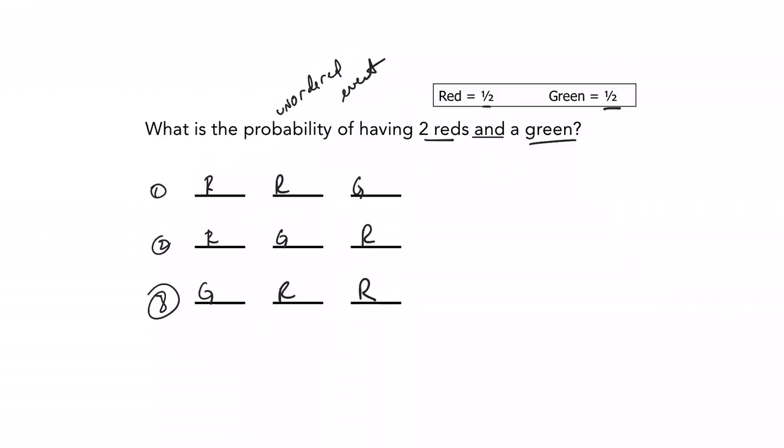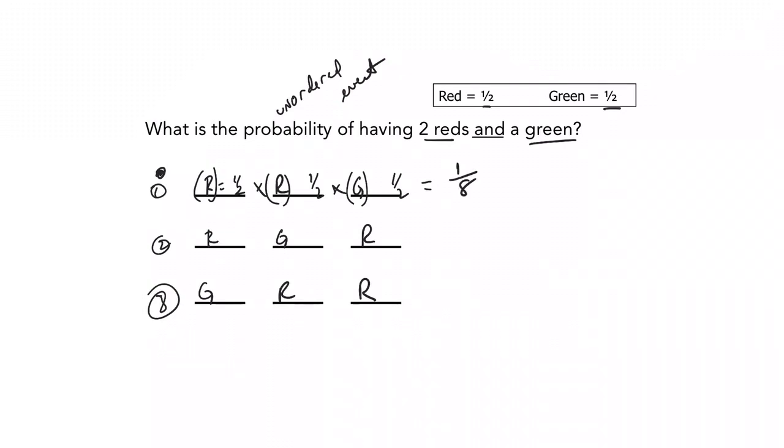For our example, the probability of this series occurring is simply 1/2 times 1/2 times 1/2. So the overall probability of that is 1/8.